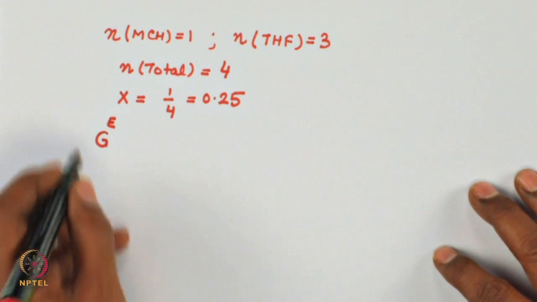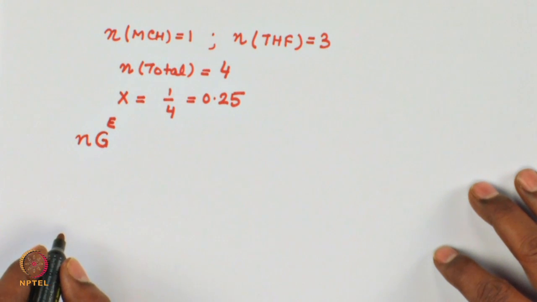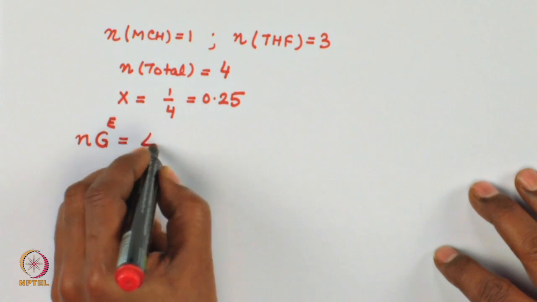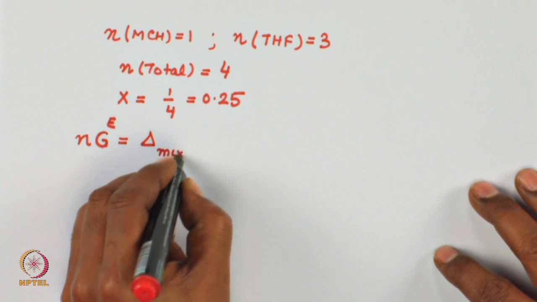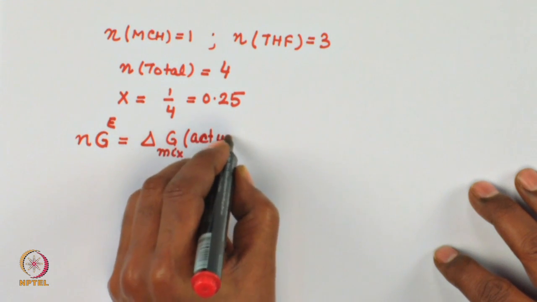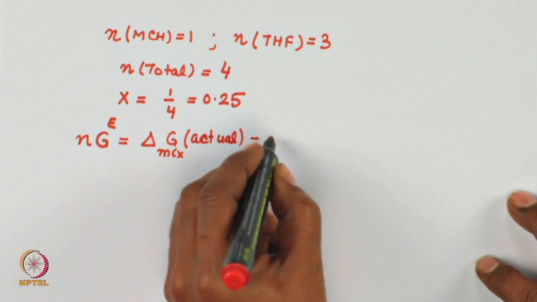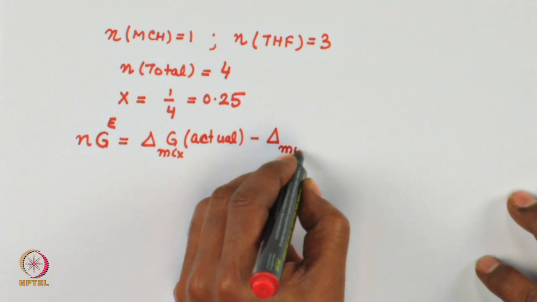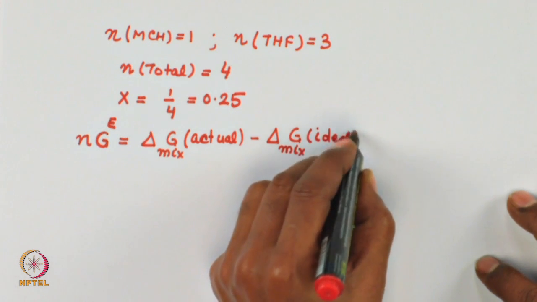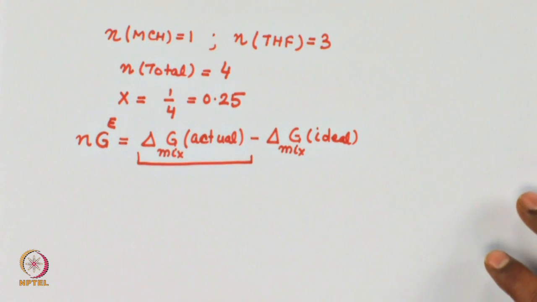Usually this is given per mole. If it is a molar quantity, I will multiply by n to get the actual value of the excess Gibbs function. This will be equal to delta G mixing, actual, actual means which we obtain experimentally, minus delta G mixing ideal. We have been asked to calculate this.